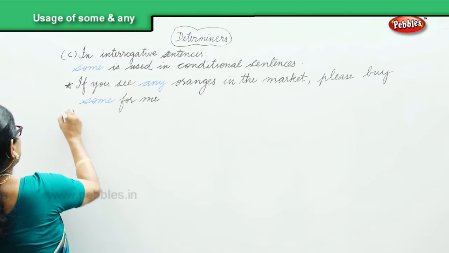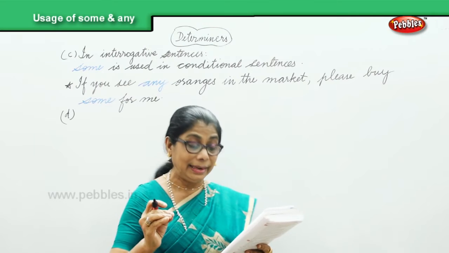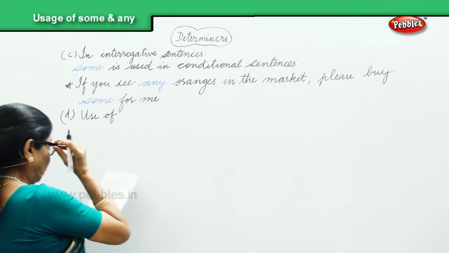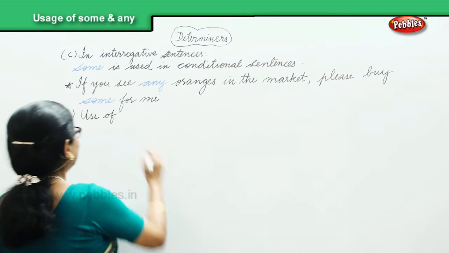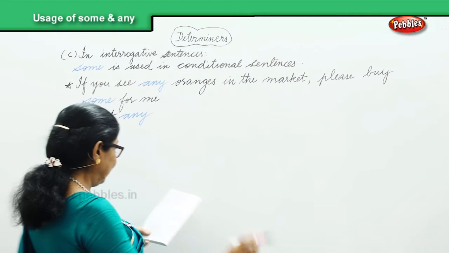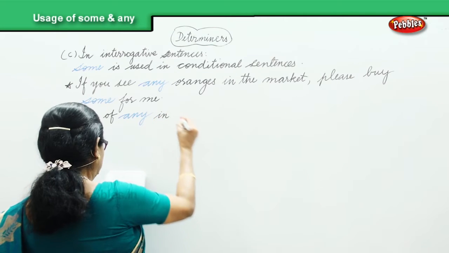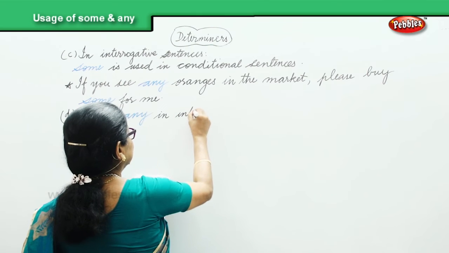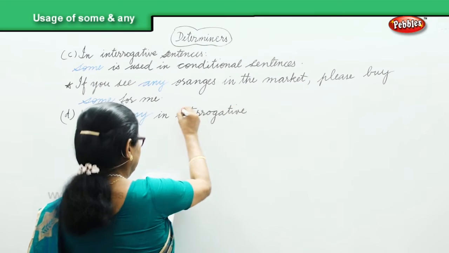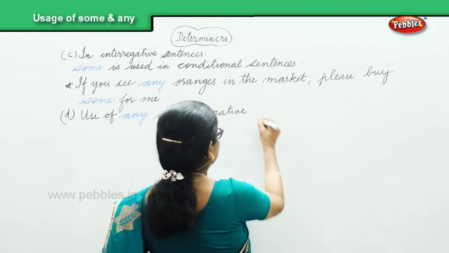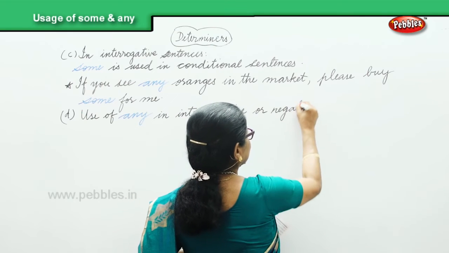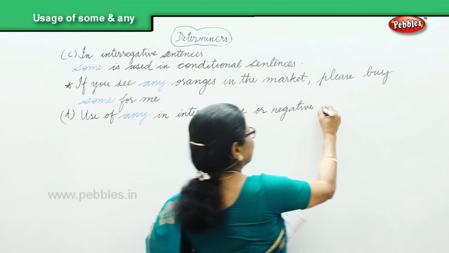Then finally, in the D category, we have the use of any in interrogative or negative sentences.